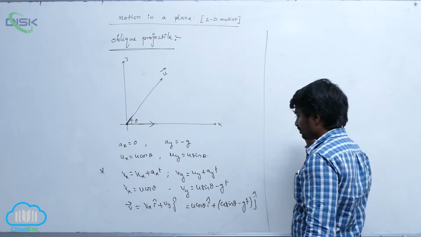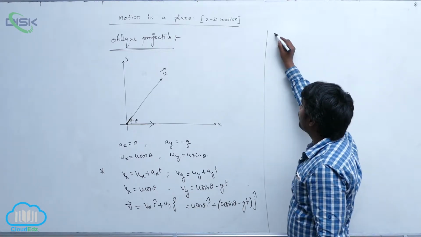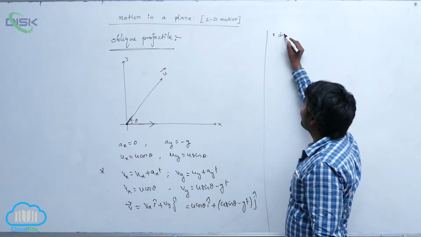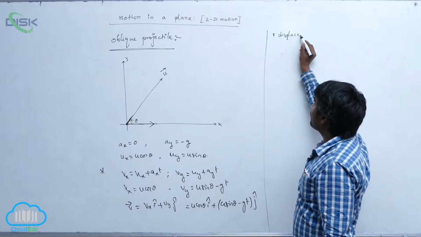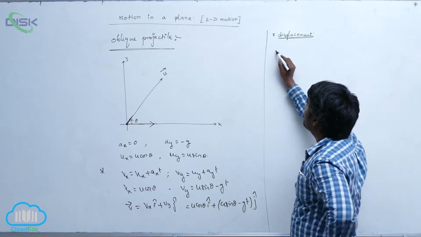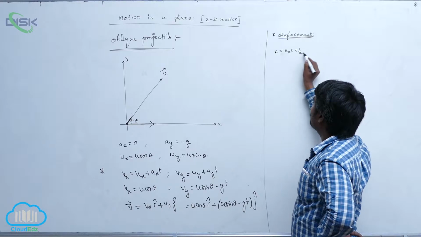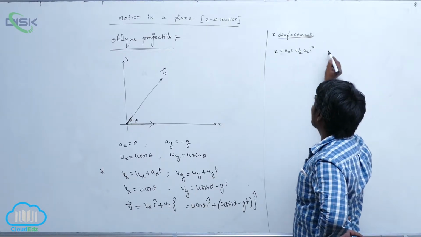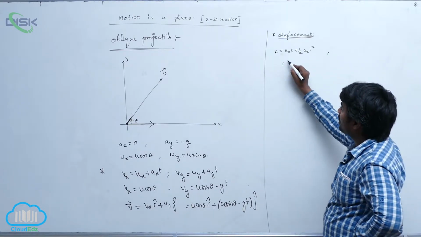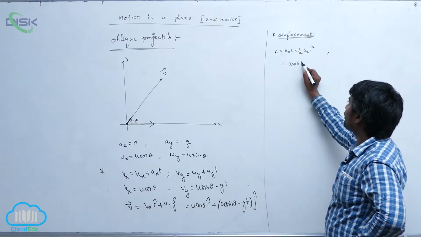Next, this is velocity. Now what about the displacement? Displacement, let us calculate. We calculate x displacement separately and y displacement separately. x is ux t, ux is u cos theta, ax is 0, so x is u cos theta into t.